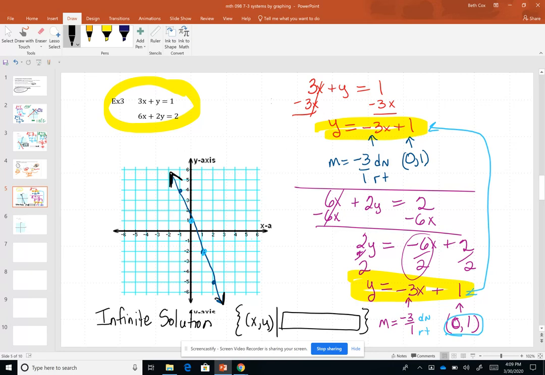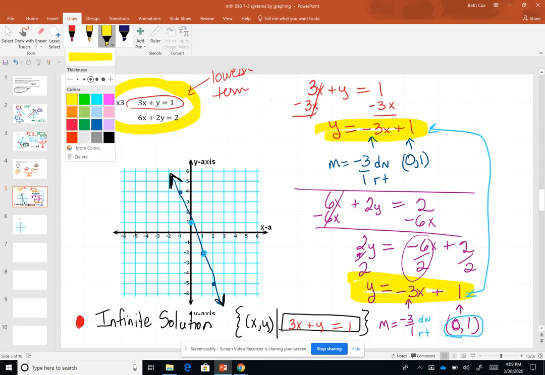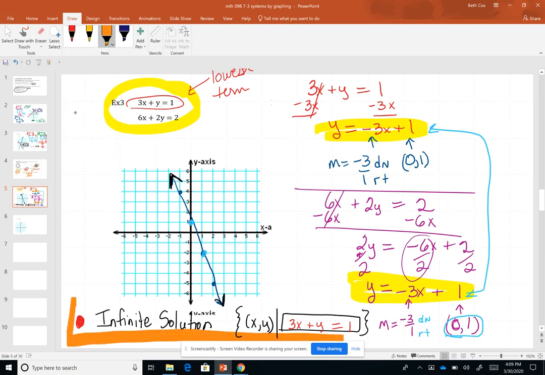In that blank, you're going to type in the one in the lowest terms. So it's going to look like this, and you're going to put 3x plus y equal 1. So this will be one of your three choices, and you type that in. So I hope that makes sense. This is the infinite solution, and that's the way they want it.